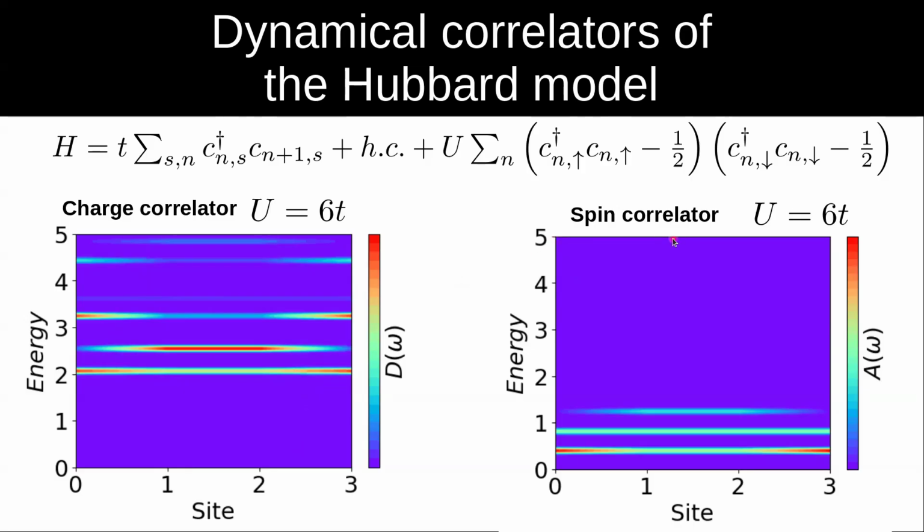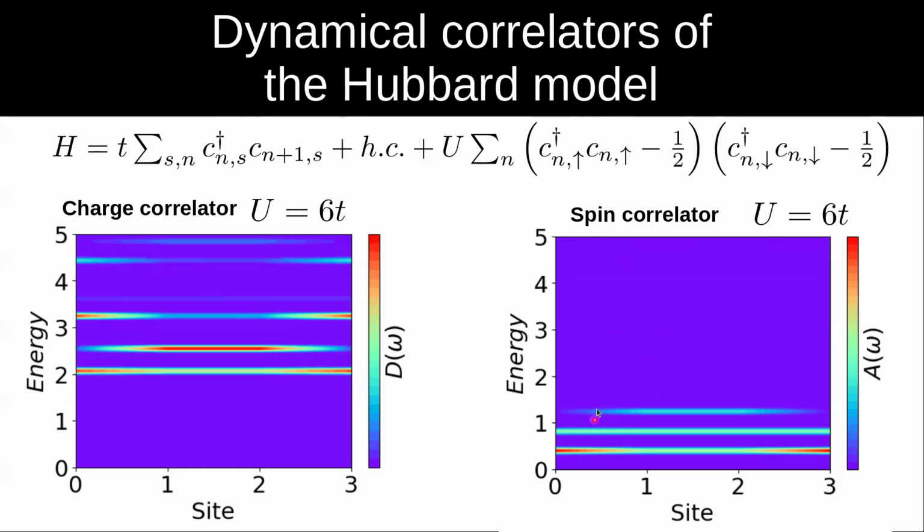If you look at the spin correlator, what you actually observe is that the energies at which you have a non-zero value of the spin correlator are much, much smaller than those of the charge correlator. And in particular, you see that as you make U bigger and bigger, these energies would get lower and lower.